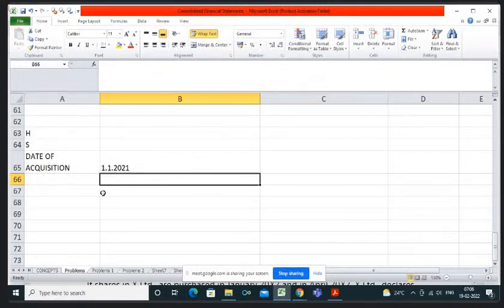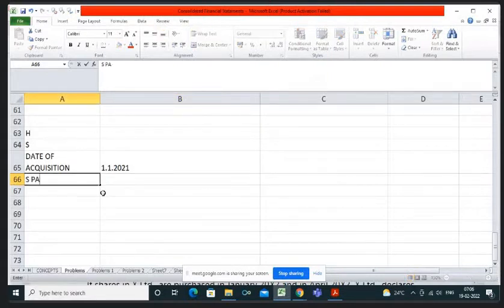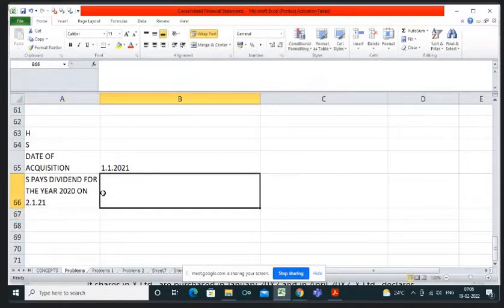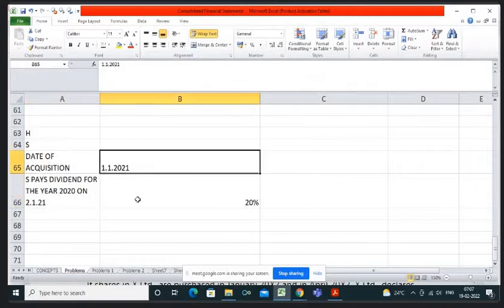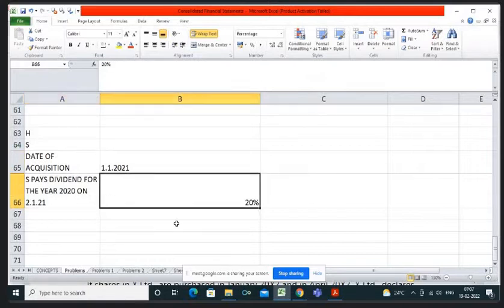After this particular date, S pays dividend for the year 2020 on 2nd January 21, 20%. So the subsidiary company is paying a dividend on 2nd January itself. The holding company purchased the shares on 1st January, but on 2nd January itself we get a dividend of 20%.